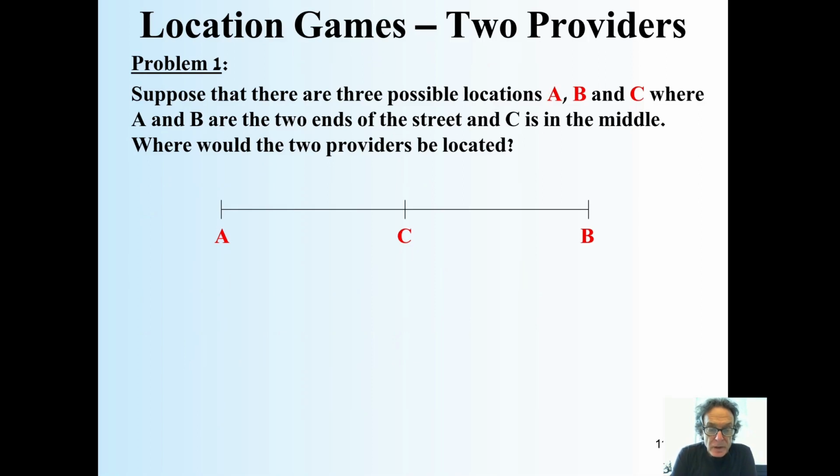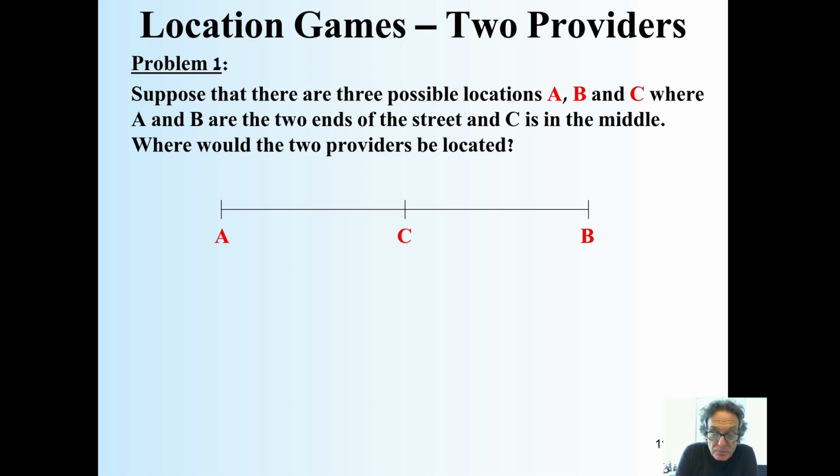Problem 1. Suppose that there are 3 possible locations, A, B, C, where A and B are the two ends of the street, and C is the middle one. Where would two providers be located? Okay, so what do you think?